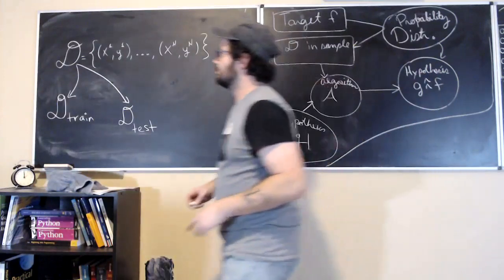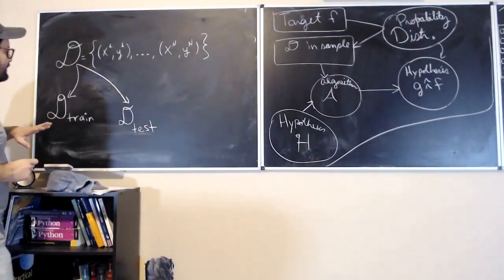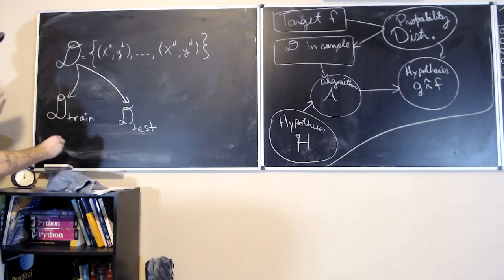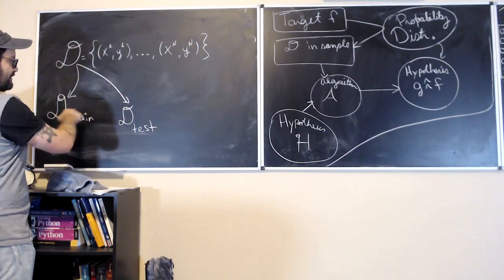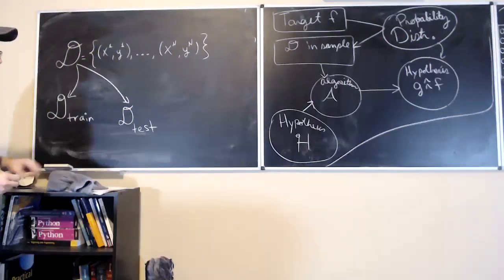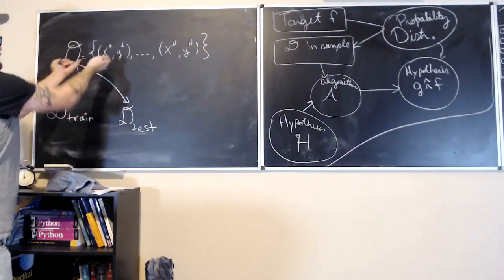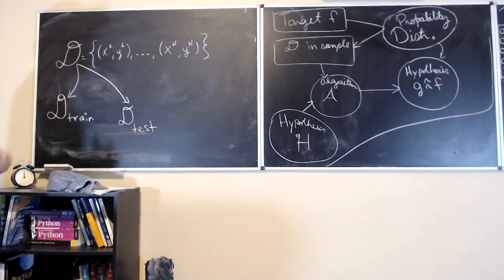Both of these are subsets of D and they're mutually exclusive. These are disjoint sets of data. Nothing in one belongs in the other. The union is the full data set that we own.